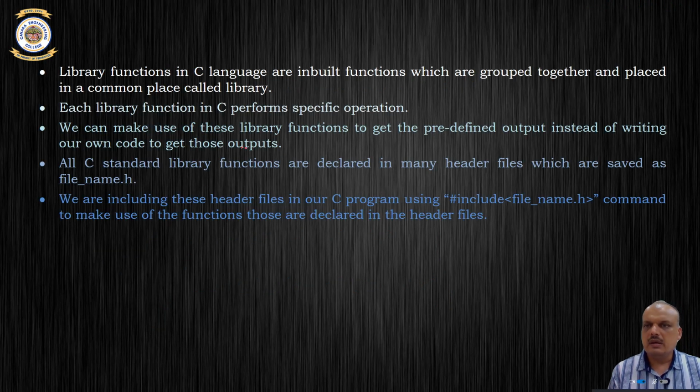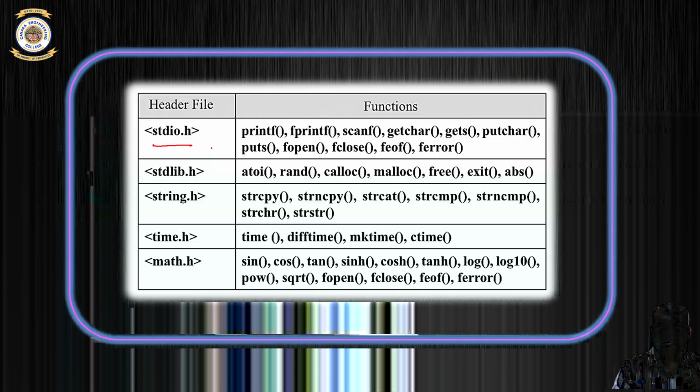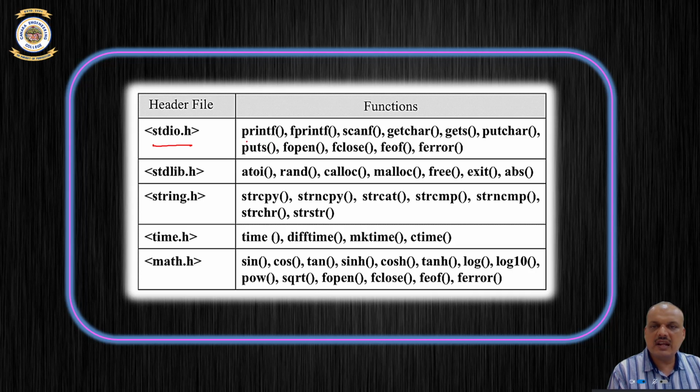Okay, so the standard C library consists of a stack of header files, namely .h files, which can be invoked or called in a program. The stdio.h header file basically incorporates functionalities such as printf, scanf, fclose, and so on.